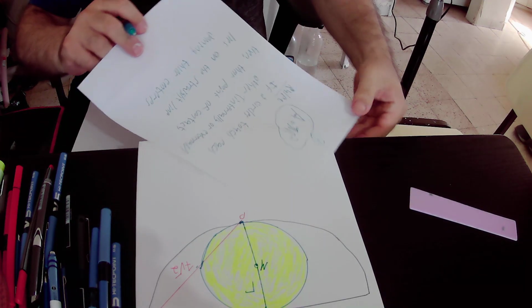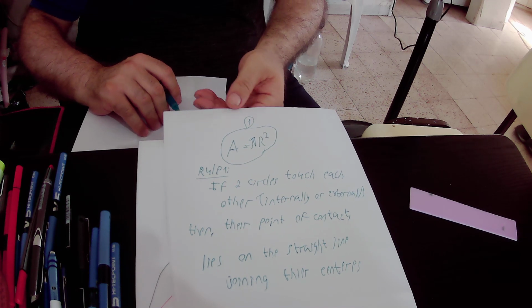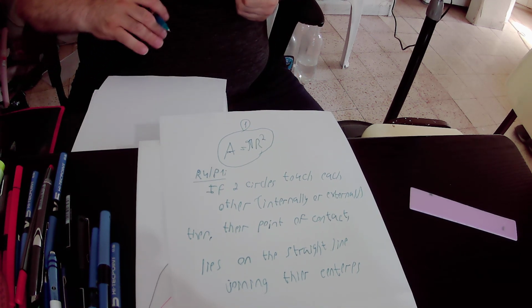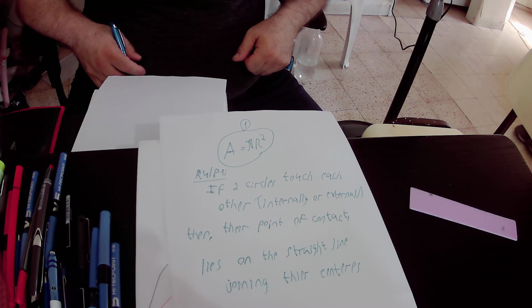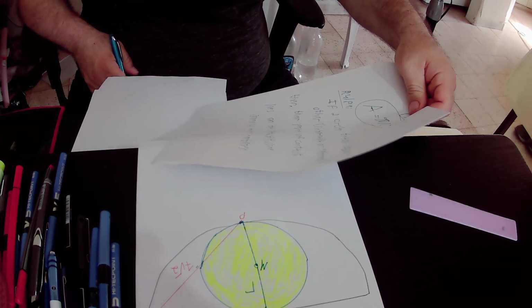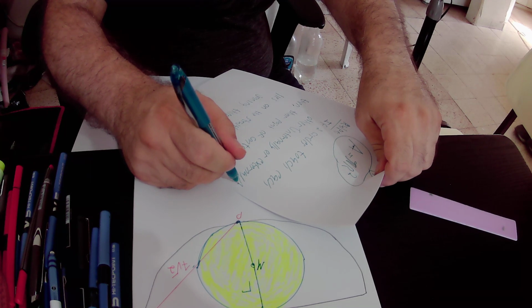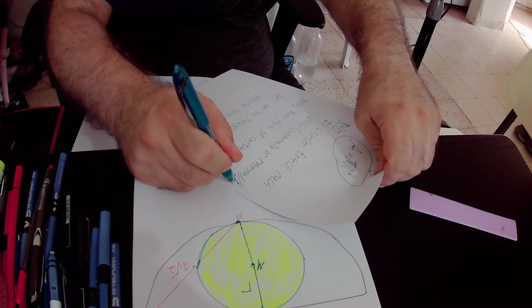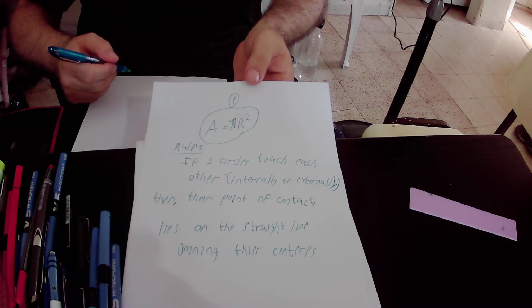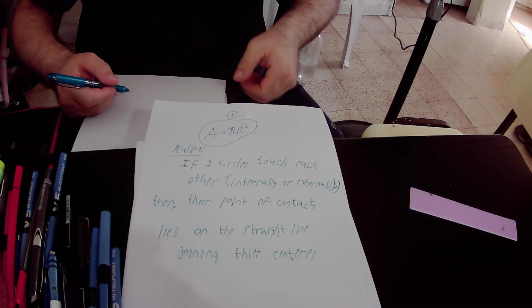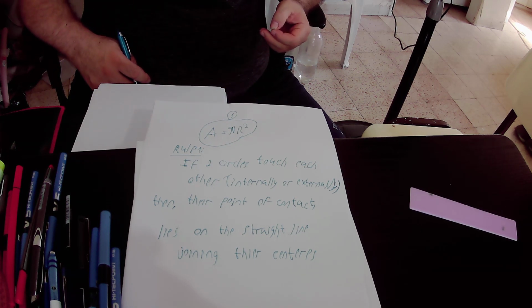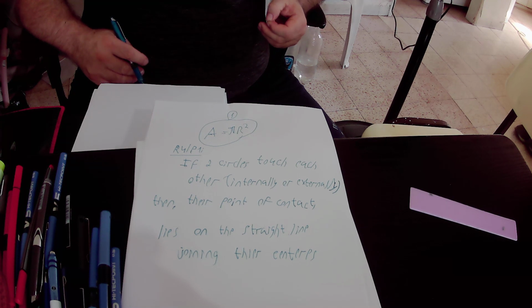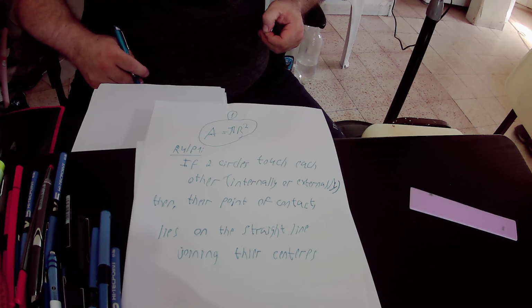Okay, now I will read rule number 1 again. Rule number 1 states that if two circles touch each other internally or externally, then their point of contact lies on the straight line joining their centers.